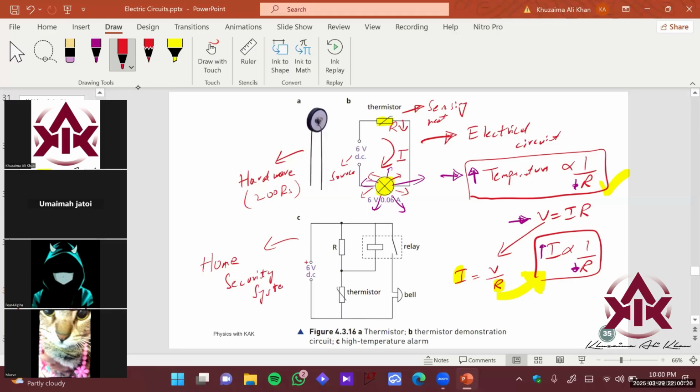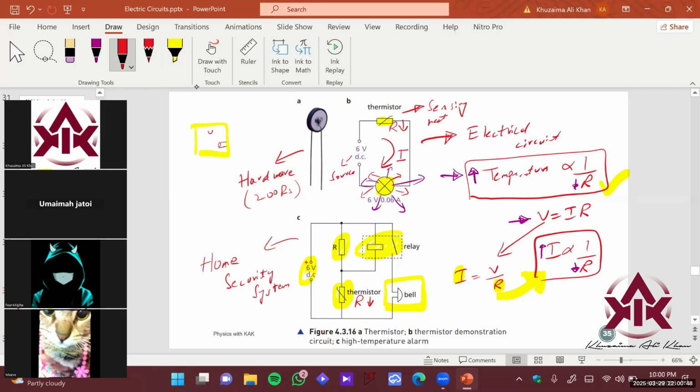Okay. So what is the circuitry over here? You have a battery source, a fixed resistor, and a thermistor, right? So what is going to happen as the resistance of the thermistor decreases? There's going to be charging of the relay, right? The relay is a switch. We will learn in a while what a relay is. So it's going to activate the alarm. Let's say there's a person over here, there's a door here, and this thermistor is placed here.